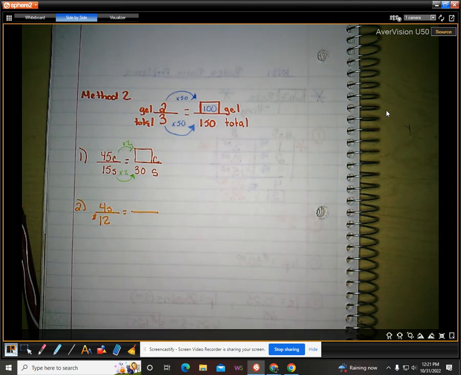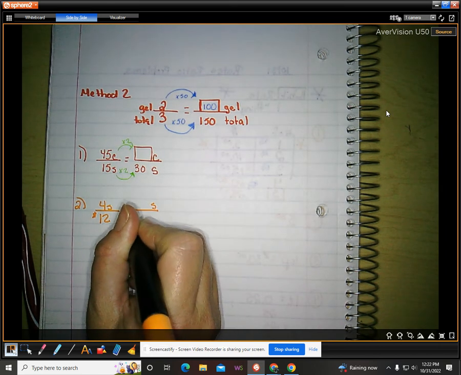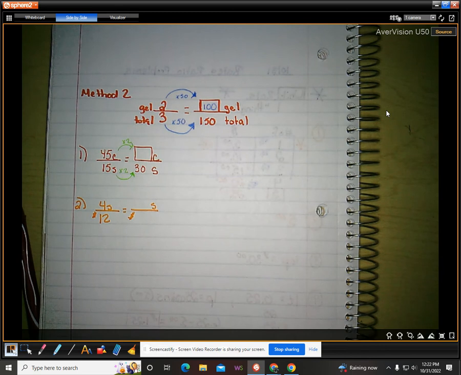Okay. In the second sentence, do they give us the number of students or do they give us the amount of money? On number 2, do they give us the number of students or the number of money?